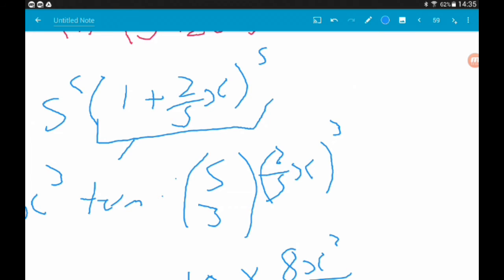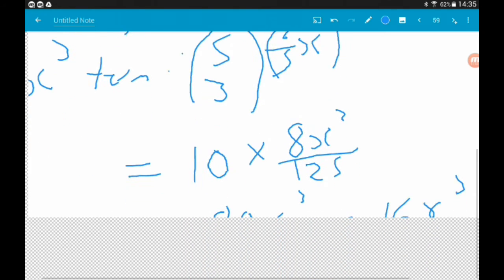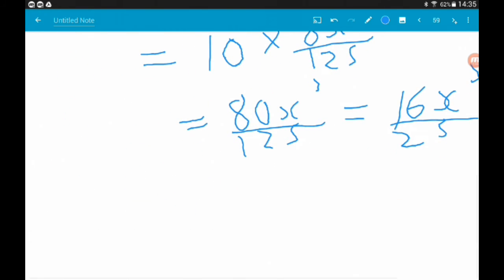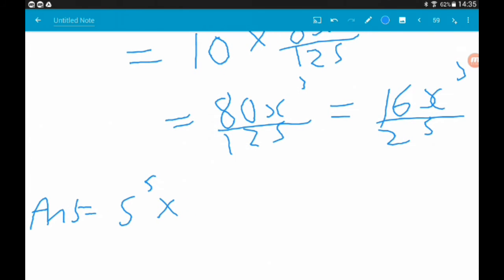Now we need to multiply that by 5 to the power of 5. So, our answer is 5 to the power of 5 times 16 x cubed over, well, 25 is 5 squared. So, I'm going to write it like that.